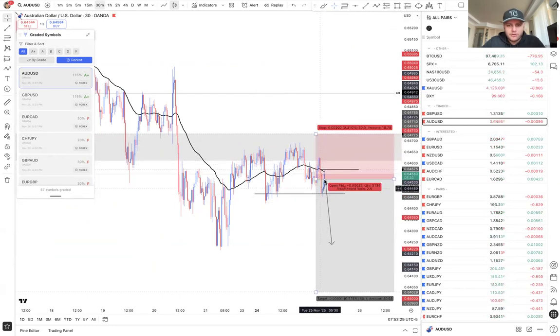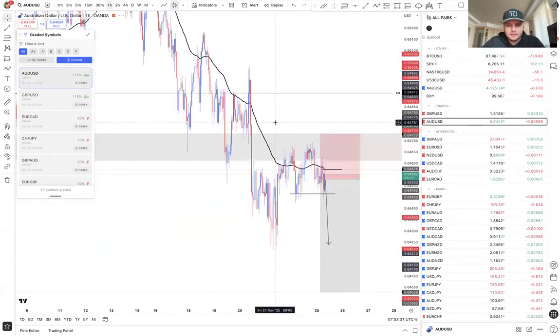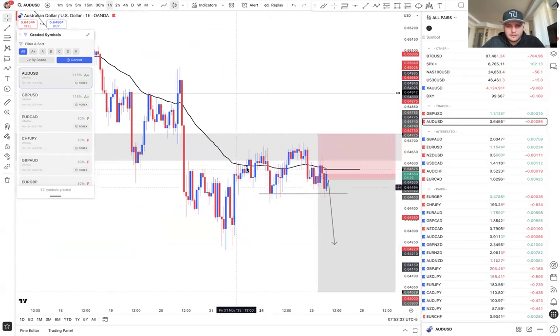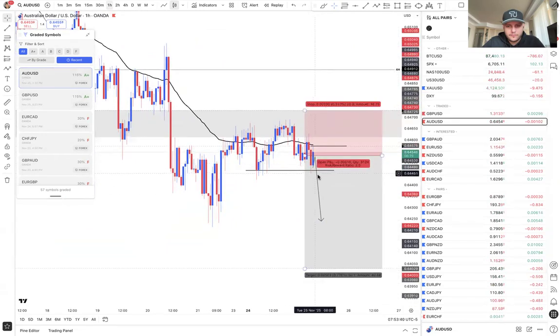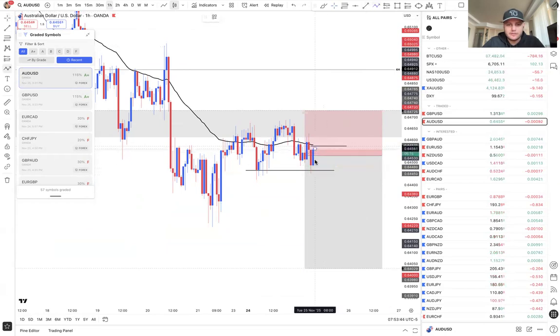We've already broken, now we're retesting. Shoulder, head, shoulder. I guess to be safe, a break and retest underneath this. So a break and retest of the lower time frame head and shoulders, that would be.